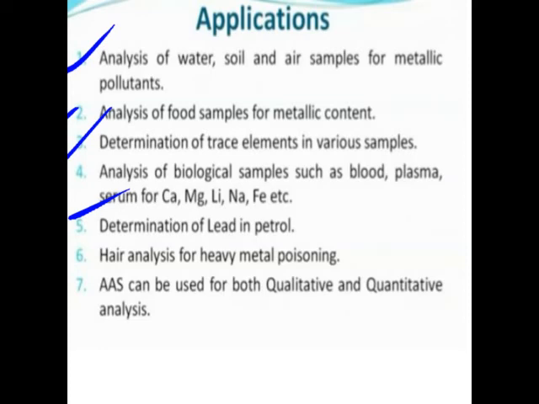We can analyze biological samples for the presence of calcium, magnesium, lithium, and ferrous. And various samples having any trace elements, we can analyze. So these are the applications of atomic absorption spectroscopy.